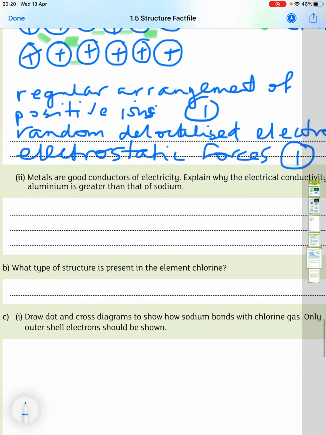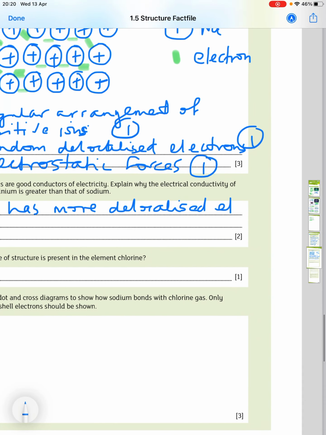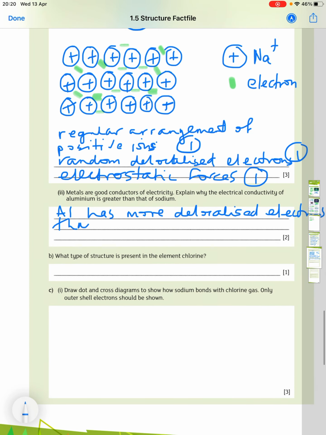Okay, next one. Metals are good conductors of electricity. Explain why the electrical conductivity of aluminium is greater than that of sodium. Well, we know that aluminium has more delocalized electrons than sodium.